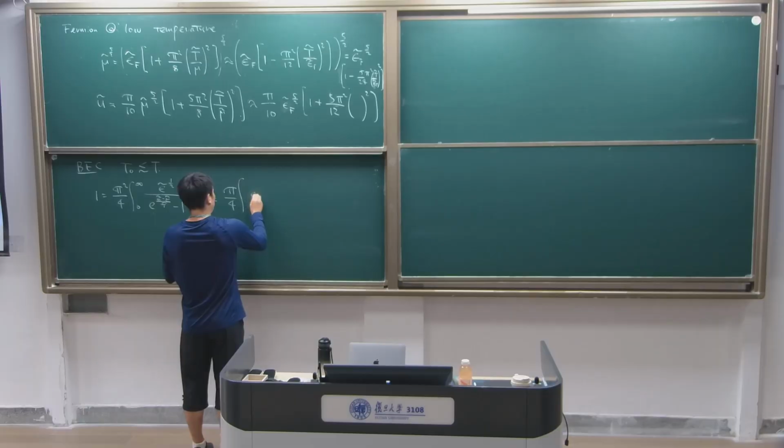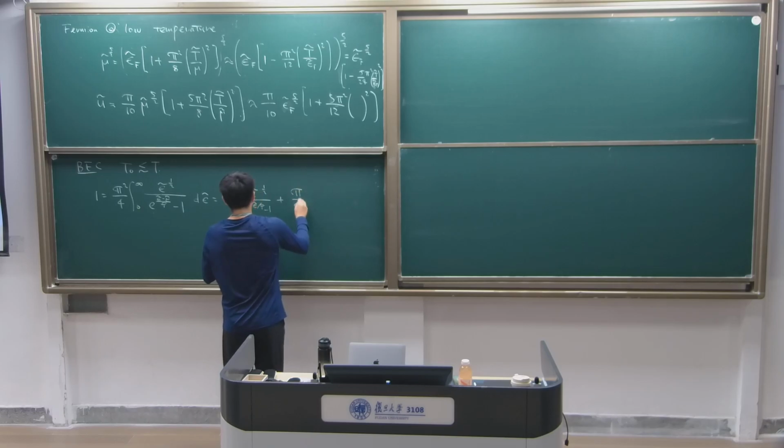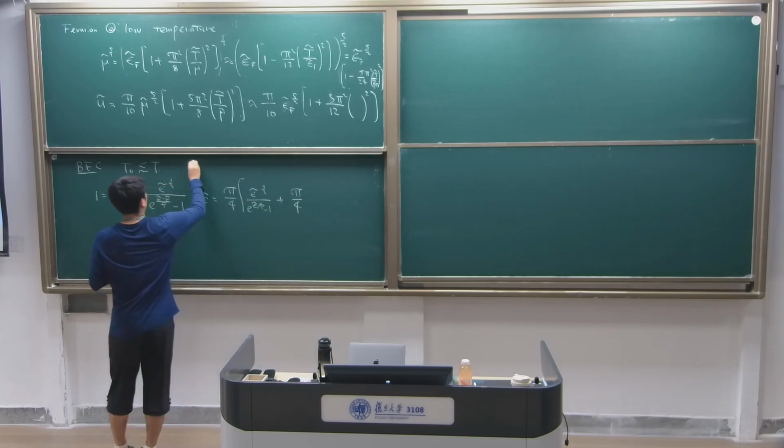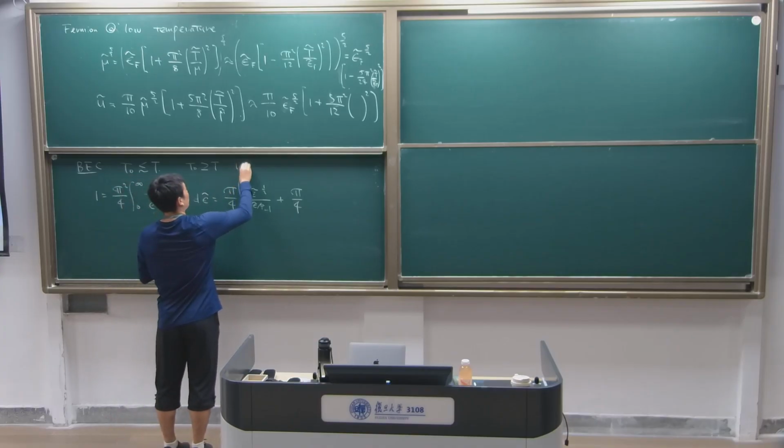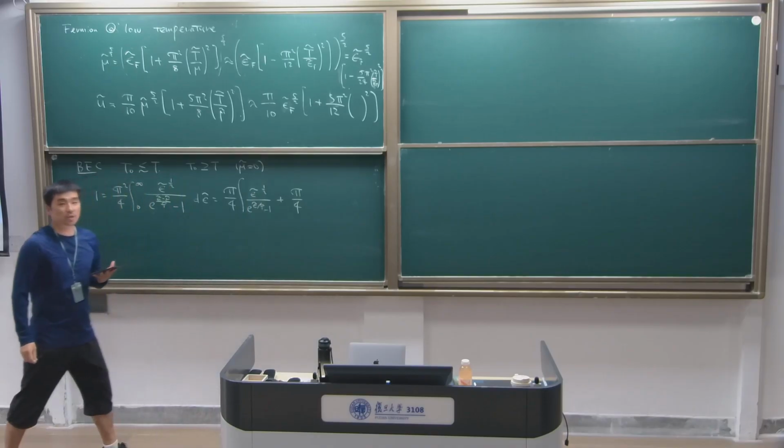Then here you separate the contribution on half, e to the epsilon theta over T theta minus 1 plus pi over 4. So since T is less than or equal to the critical temperature, then theta is equal to V. So the chemical potential is zero.